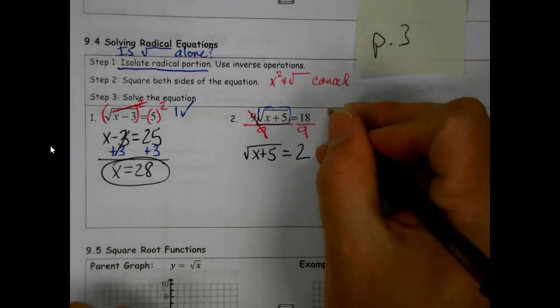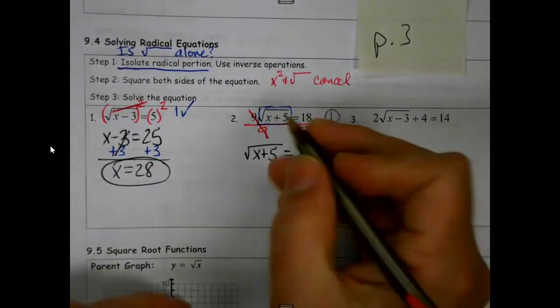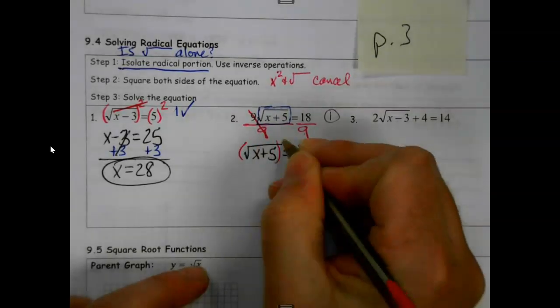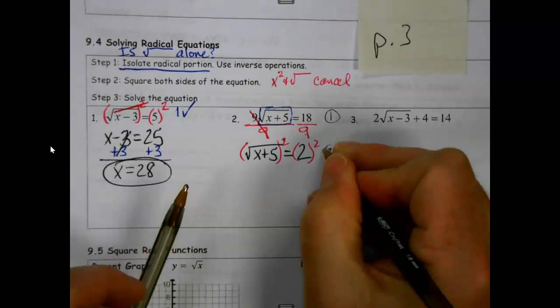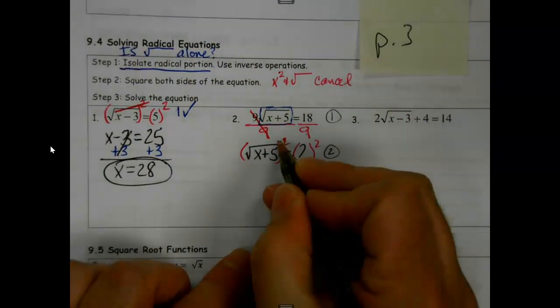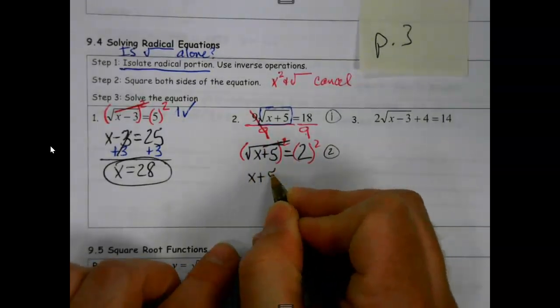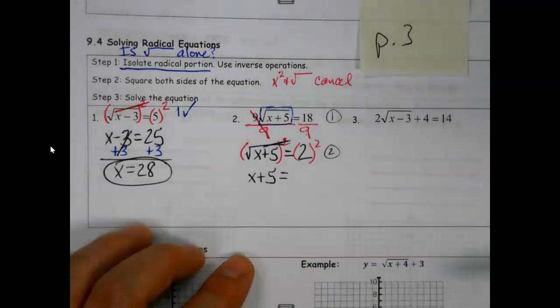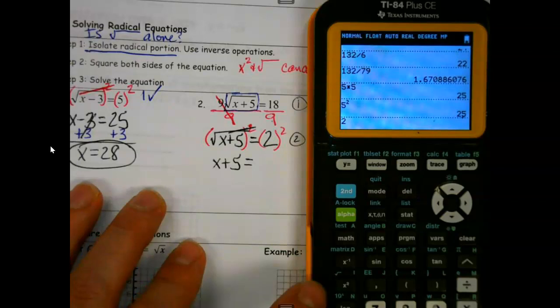So we did step 1. We're now going to do, once the radical is alone, step 2. Again, if I'm not sure, take your number.